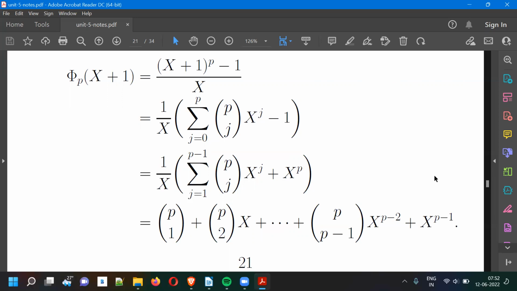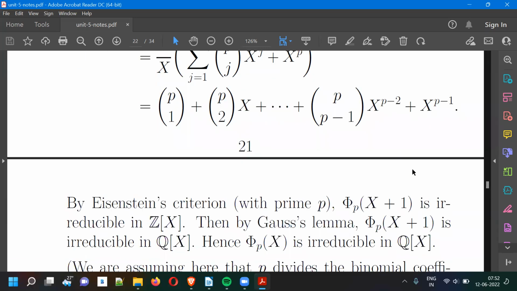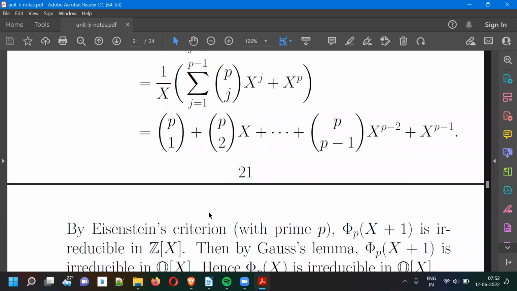Now we can apply the Eisenstein criterion here with the prime p. Why is that? Note that p choose 1 is p itself. So Eisenstein's criterion we will apply, and we will show what we need. This is a monic polynomial, of course, the leading coefficient is 1.